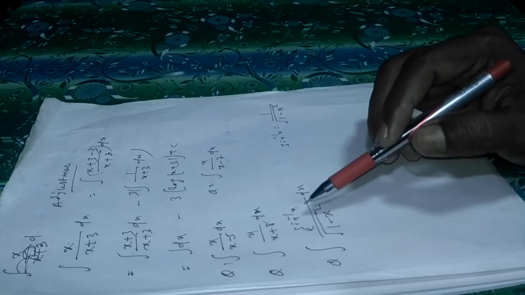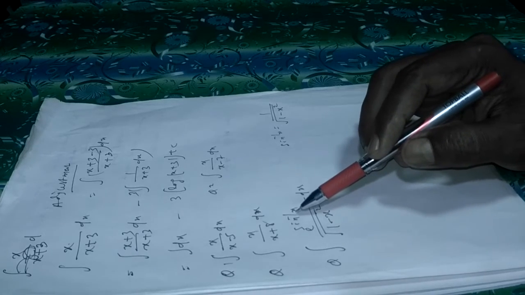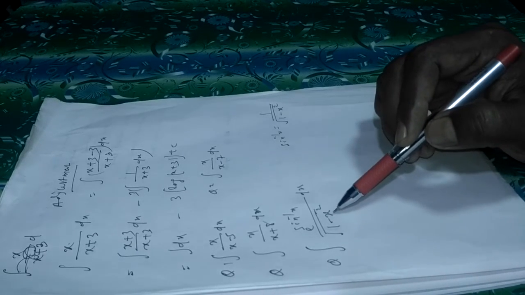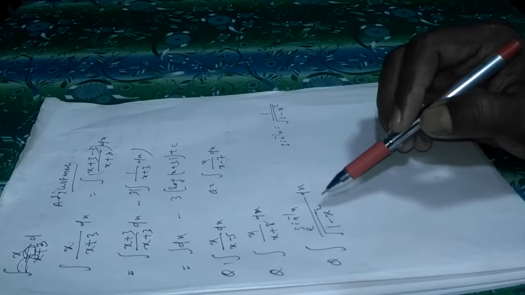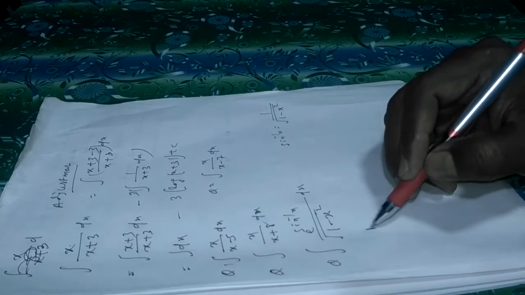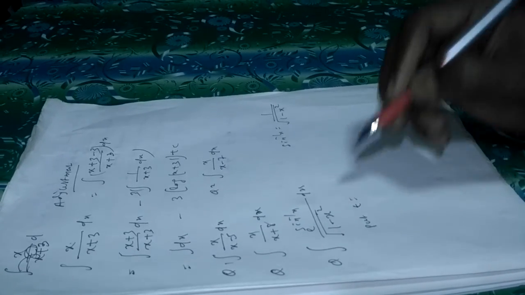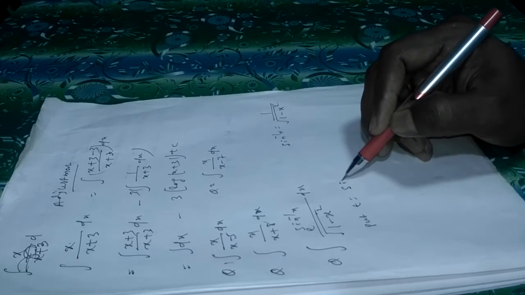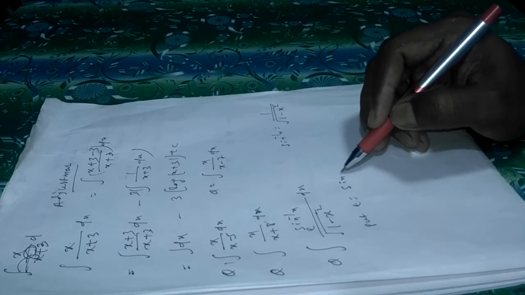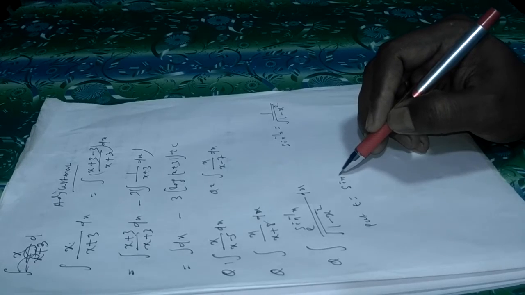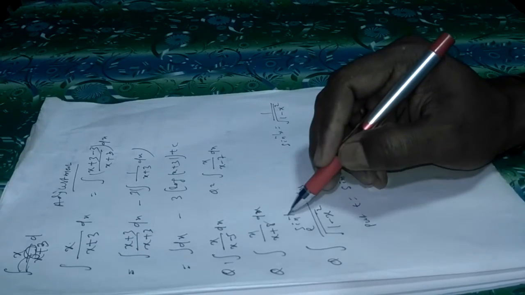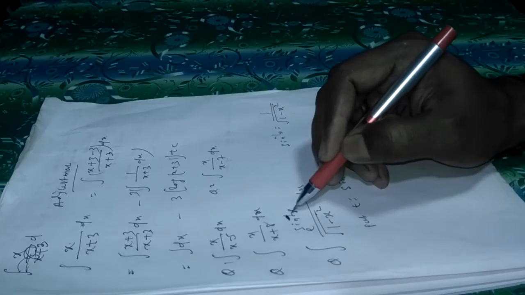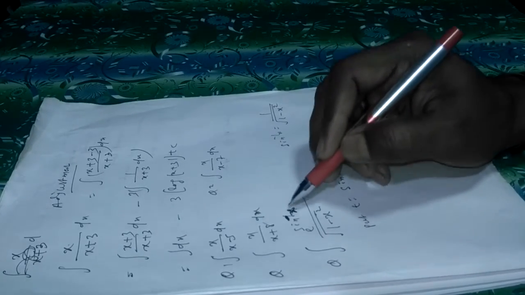The derivative of sine inverse x is 1 over the square root of 1 minus x square. So put t, we can take any variable, t equal to sine inverse x.